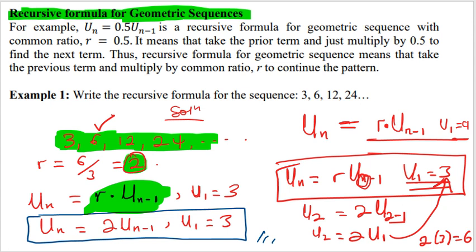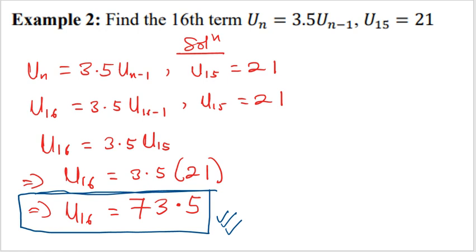So let us pick an example for clarity. Let's take example 2. Find the 16th term, Un is equal to 3.5 Un minus 1. Here you can see that in the recursive formula there is 3.5.